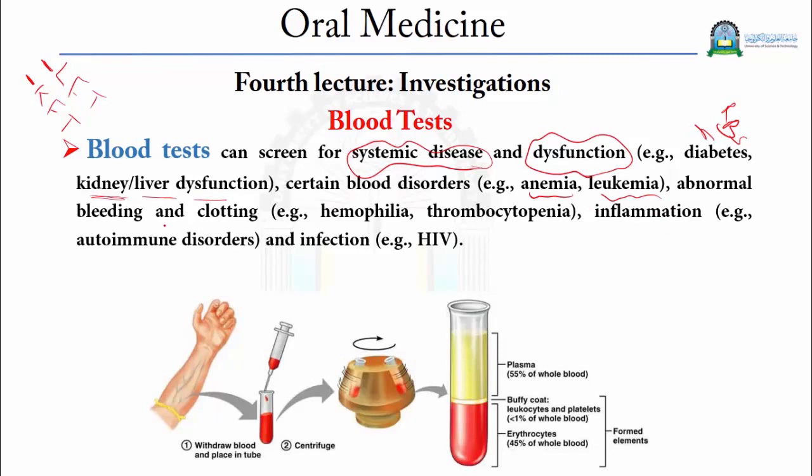Abnormal bleeding and clotting disorders also can be screened by a sample of blood, like hemophilia, which is an inherited blood disorder, and thrombocytopenia. So the patient complained of abnormal bleeding, severe abnormal bleeding.